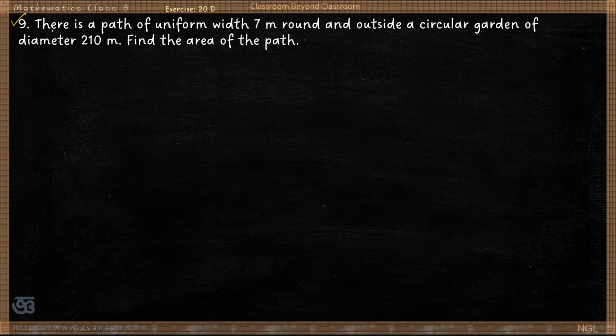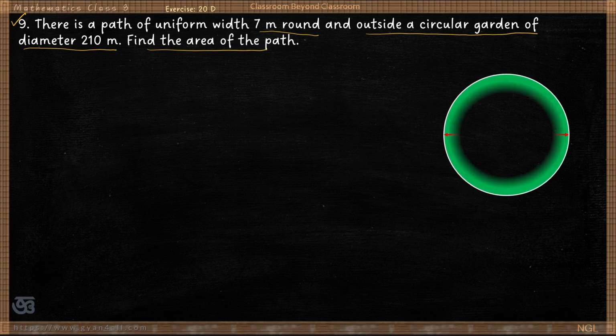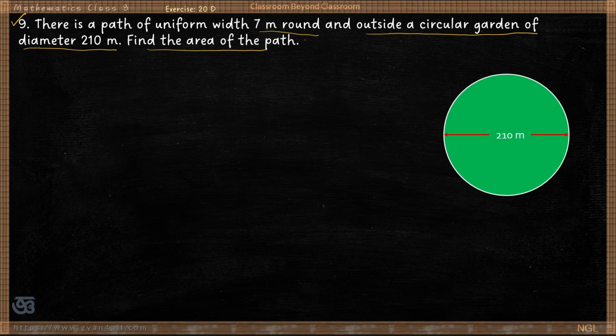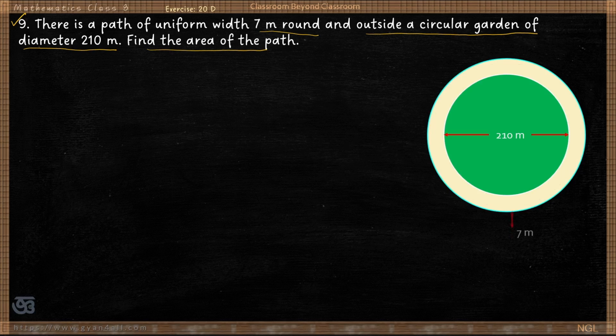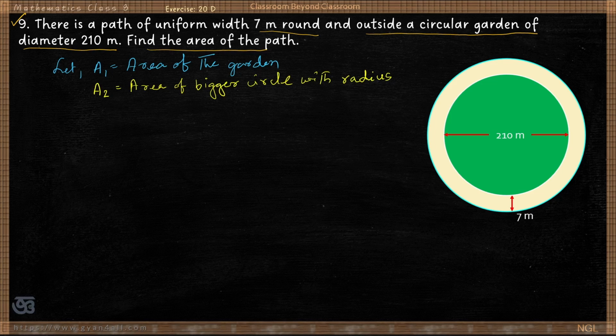Question number 9. There is a path of uniform width 7 meter round and outside a circular garden of diameter 210 meter. Find the area of the path. So here this is the garden, and outside this garden there is a path which is also circular. So we have two circles now. One is the smaller circle, one is the bigger circle for the path. So let A1 be the area of the garden and A2 the area of the bigger circle.